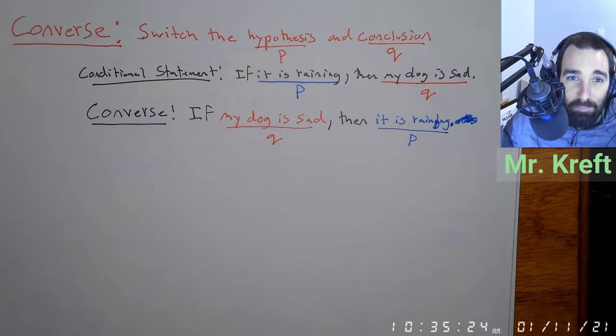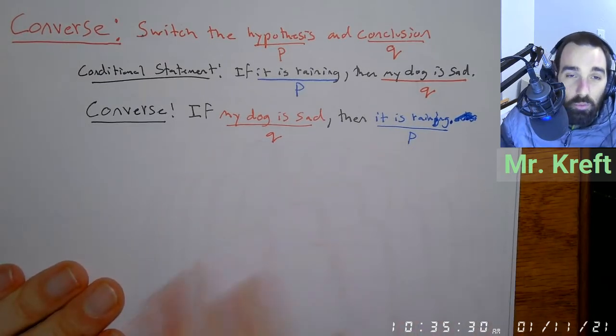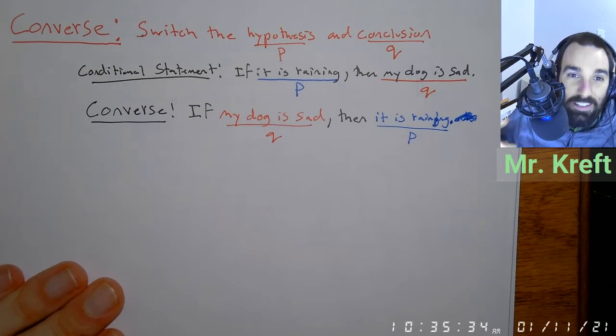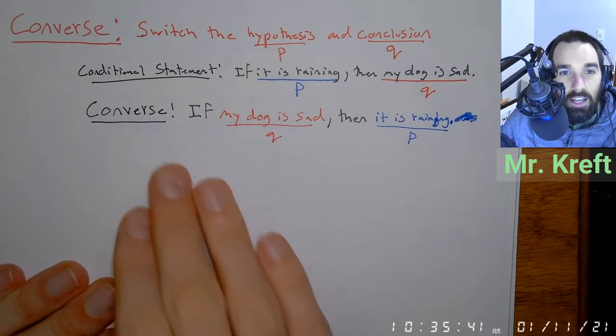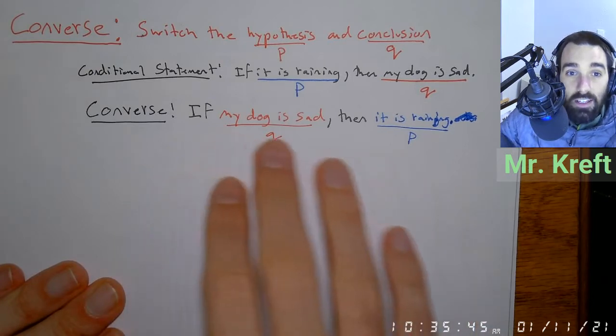We would want to get that puppy and make that puppy happy all the time, wouldn't we? Okay, so when switching things, we change the validity of the statement, and validity is a fancy word for the truthfulness. We don't have time to talk about that today, but that's something to think about.